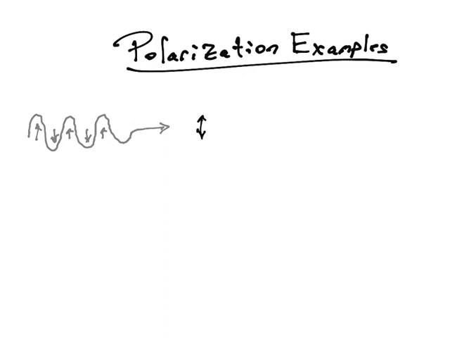It's the same thing. If the electric field were oscillating left and right, then we would say the polarization is to the left or to the right.